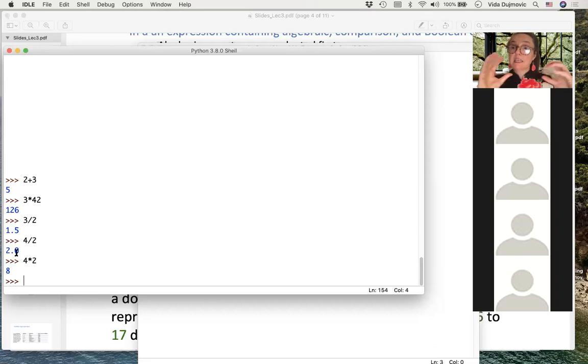What it means is that if you start with a set of integers and you apply the multiplication operation to any pair of numbers in that set, the result stays in the set. It's still an integer. The same is true for subtraction and addition. If you start with a set of integers and you apply multiplication or addition or subtraction to any 2 numbers in the set, the result stays in the set, okay?